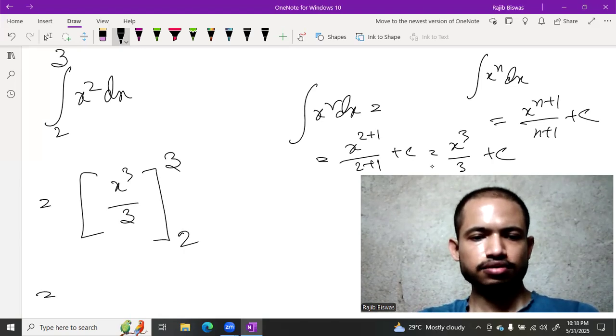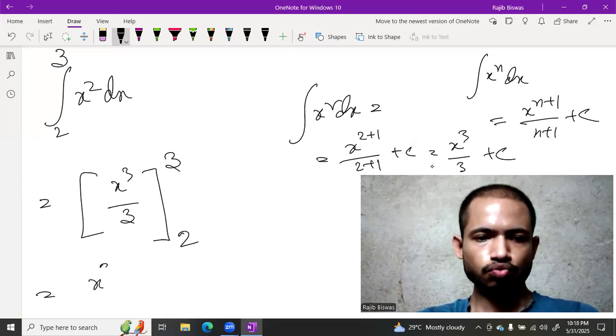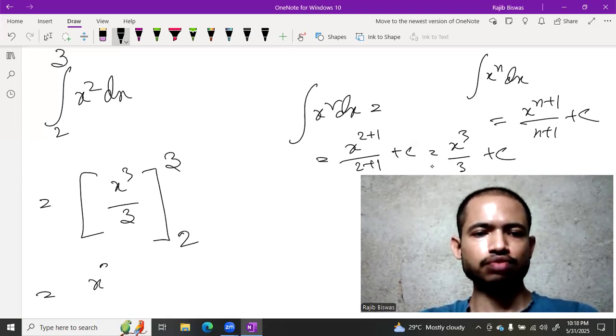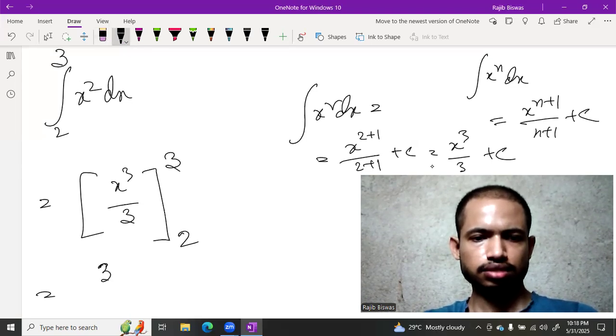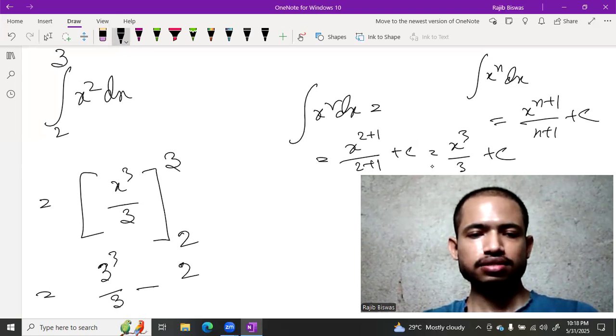Now find the difference of the values of the function at those limits. So when we find the value of the function at x equal to 3, it becomes 3 cubed by 3, right? 3 cubed by 3. Okay. Then for the lower limit, it will be 2 cubed by 3.